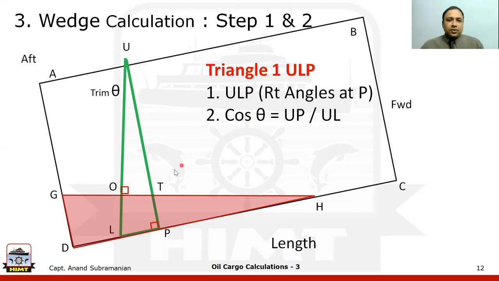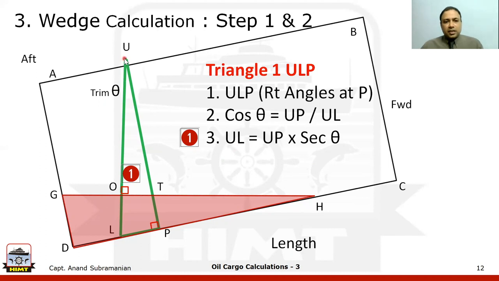So cos theta is equal to UP upon UL, which is the hypotenuse. From that we can find the value of UL, the total length from the ullage pipe to the bottom of the tank, but it is not equal to UP. It's actually a little more than UP. So UL is equal to UP into secant theta. That is our first step.